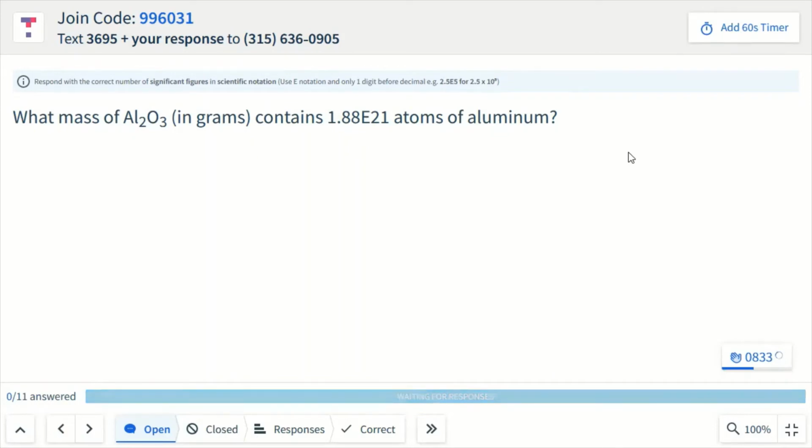What mass of aluminum oxide in grams contains 1.88 times 10 to the 21st atoms of aluminum? All right, no real time limit on this one. Take what time you need. Get yourself organized and make sure that you're following all the steps that you can. I'll walk around and try to help you out, troubleshoot as we go.